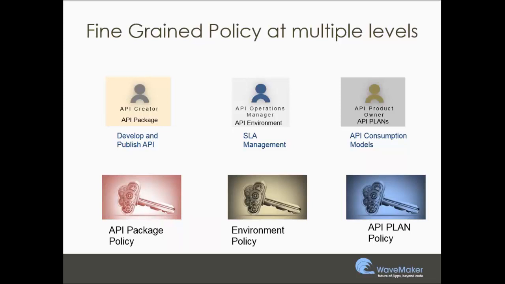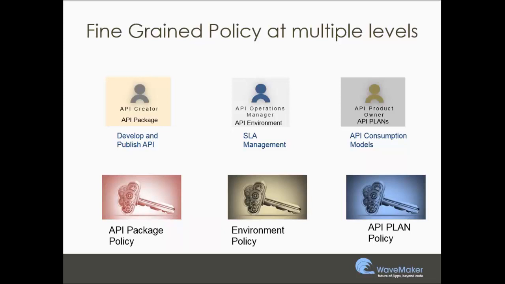The goal of the operations manager is to make sure that these APIs are always available and there's an SLA that is fulfilled. So Gateway provides the ability for the operations manager to create specific operational environmental policies in order to manage these APIs. And then finally there's a product owner role where the product owner is responsible for publishing plans that can be consumed by various partners and customers and creating business models around it.